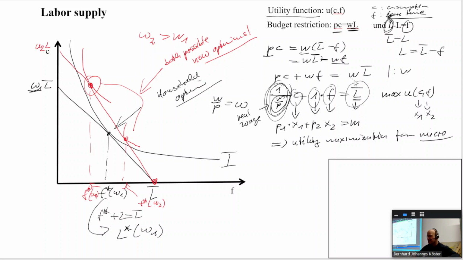So you have a time budget of 16 hours, and this you can split into your working time and into your spare time.